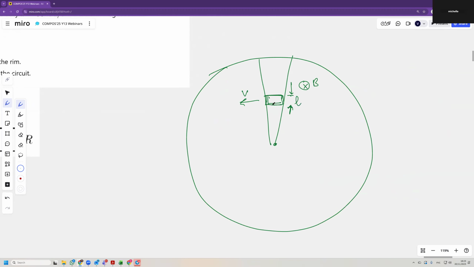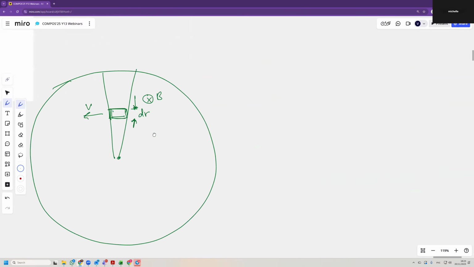And there will be an EMF. Well, let's not call it L. Let's call it dr. dr is the length of that wire. Okay, I hope that makes sense.